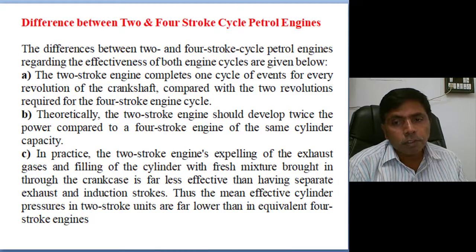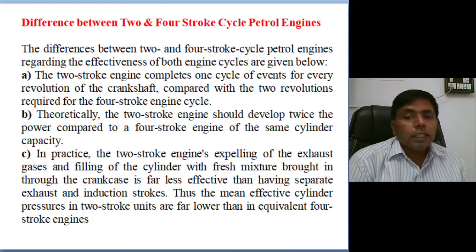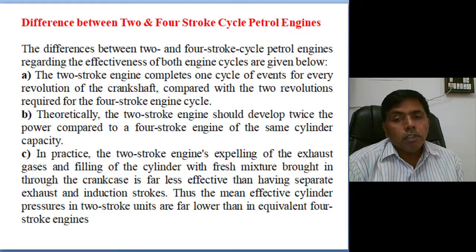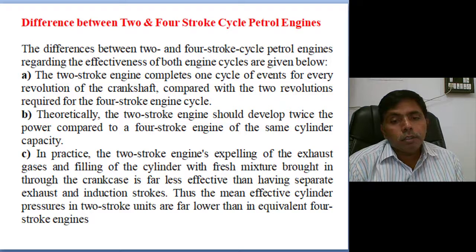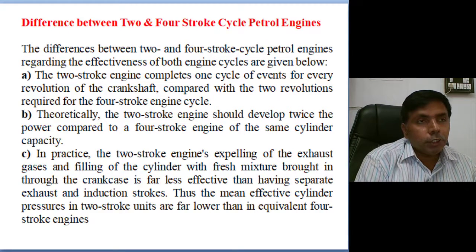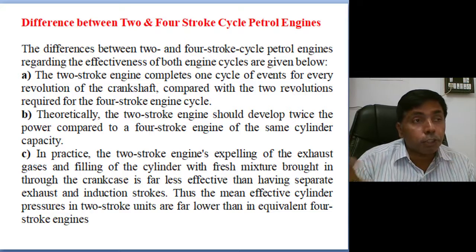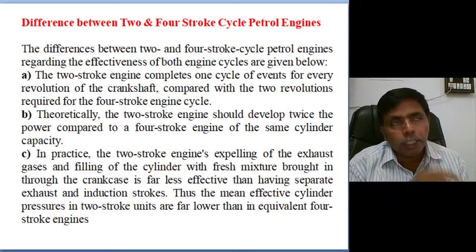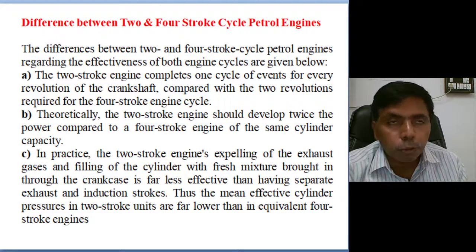Third one, scavenging. In a two-stroke engine, there is no separate exhaust and inlet stroke. Through the transfer port, the air-fuel mixture is entering the cylinder. At that time, exhaust is also taking place. If poor scavenging is there, it means loss of fuel, the air-fuel mixture, takes place in the two-stroke engine.